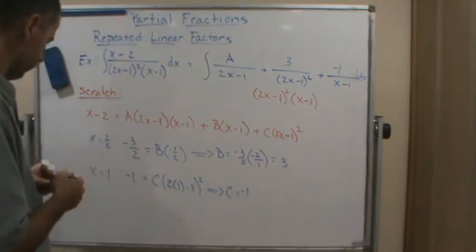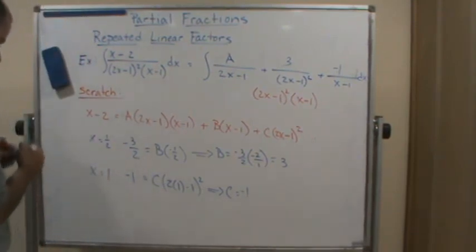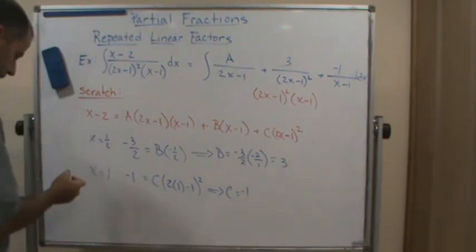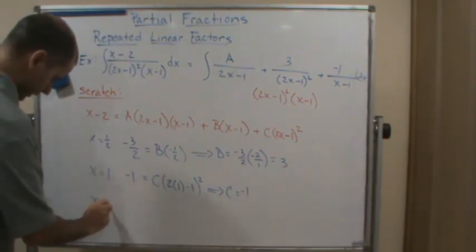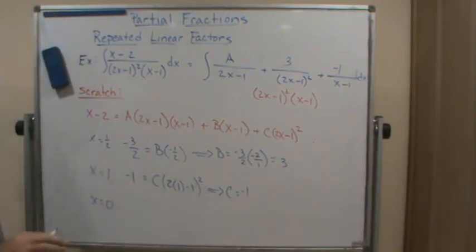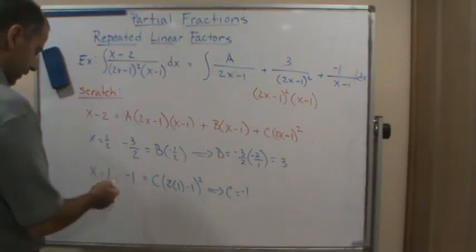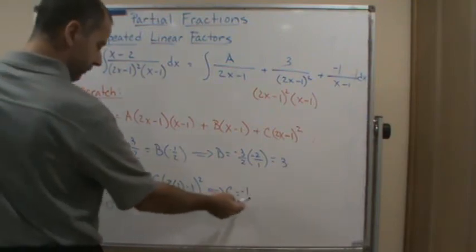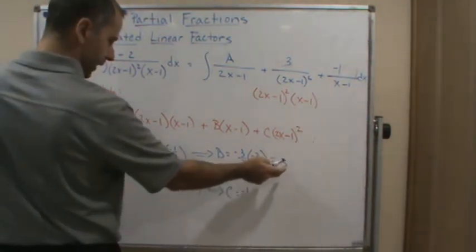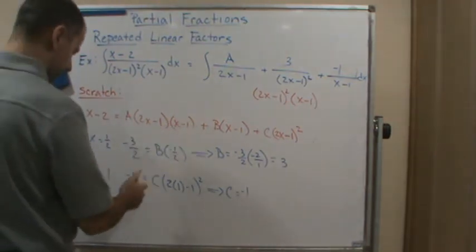So now, watch what happens. If I use x equal to 0, and again, this will work for any value of x, but 0 makes things a lot easier to work with. So, if x equals 0, along with the fact that c equals -1 and b equals 3, let's solve this.